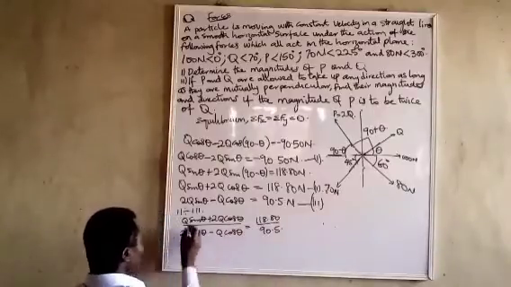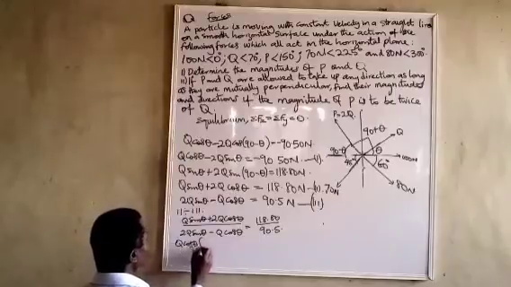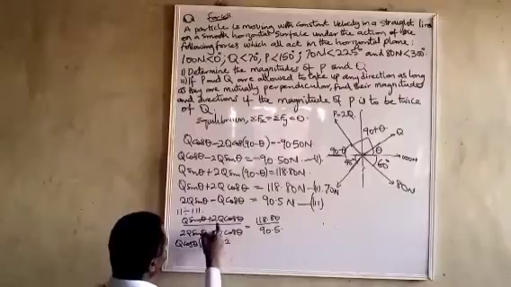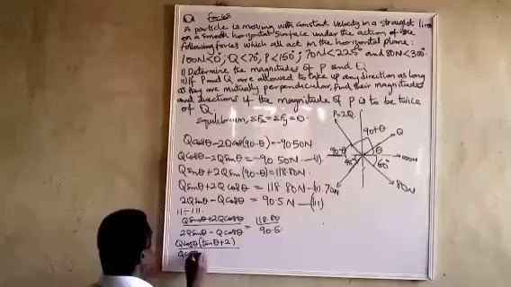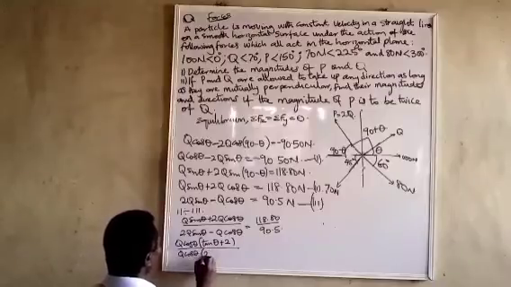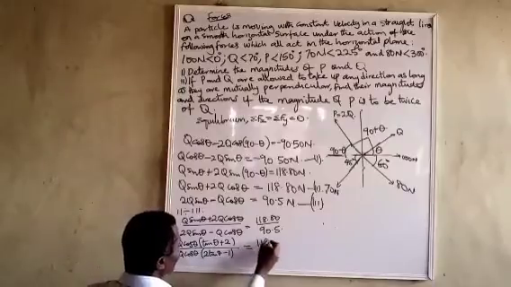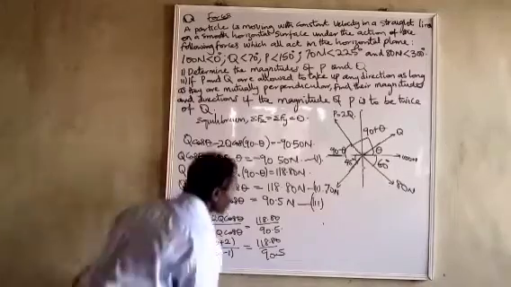Now let me factorize very well. Now I can have Q cos theta into tan theta plus 2, over Q cos theta over 2 tan theta minus 1 is equal to 118.80 over 90.5. You can see that this one cancels this.